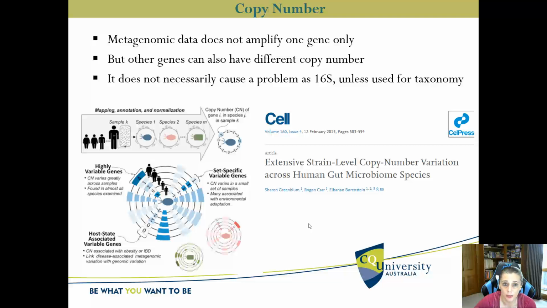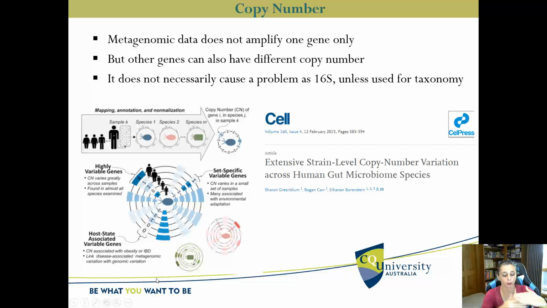But in metagenomic sequencing, where we look at all genes, knowing that there are more copies of something, the copy number difference between species, can actually give us extra information. Some genes are highly variable, but in some cases, multiple copies are associated with disease, so host-state-associated genes.